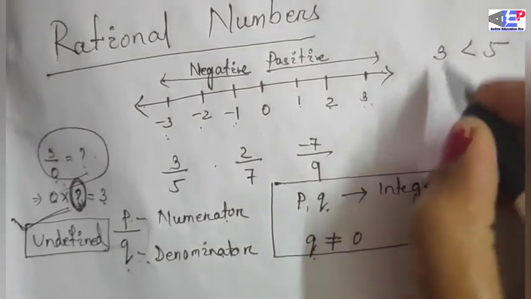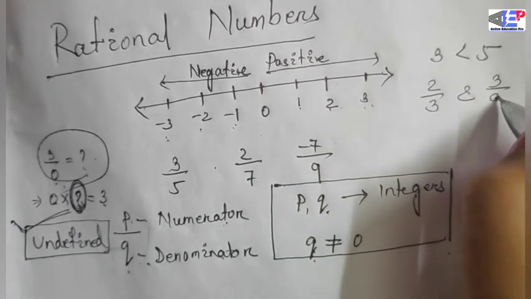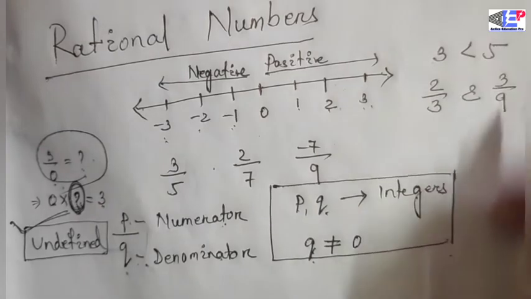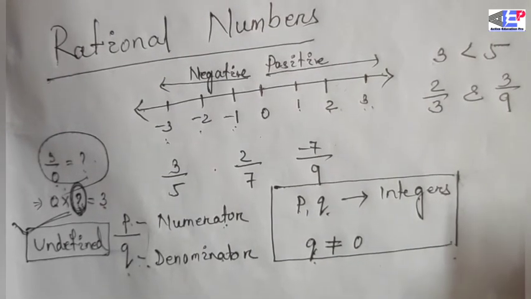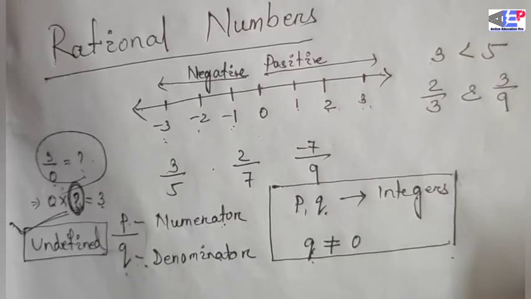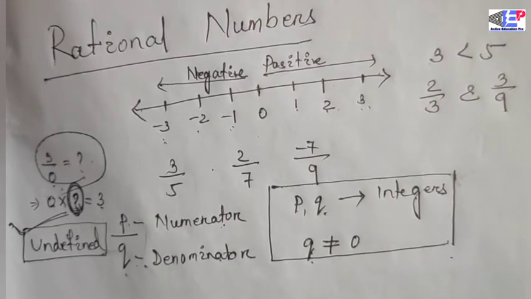But if you have 2 by 3 and 3 by 9, you have to compare which is greater or lesser than the other. You will face some confusion about how to compare rational numbers. There are many more questions in your mind. Step by step we will learn, and we will clear your doubts.